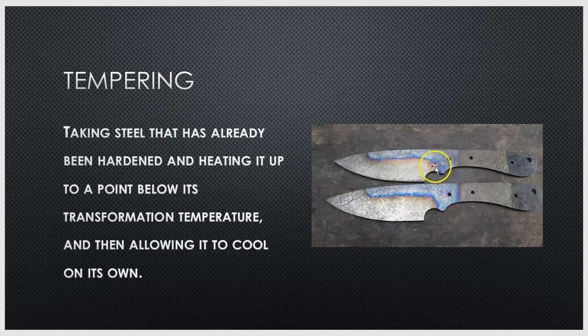If we look at this image, you can tell it's been tempered by the coloration of the steel. These blues, purples, and grays are a key indicator that the piece of metal in front of you has had heat applied to it in a way to temper it.